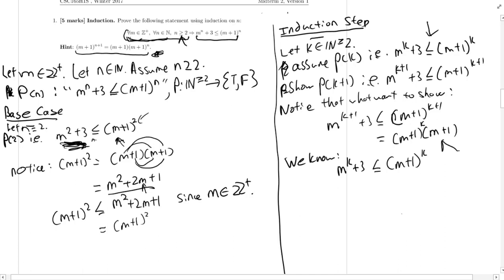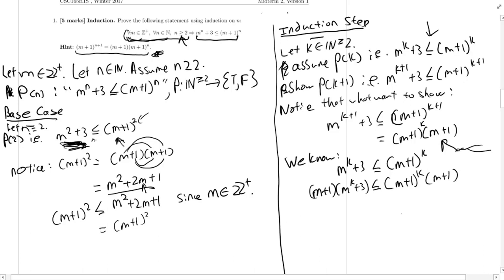Notice that there's an extra m plus 1 here. This is the thinking process of how to figure it out. There's an extra m plus 1, so you try multiplying both sides by m plus 1. So (m k plus 3) times (m plus 1) is smaller than or equal to (m plus 1) to the k times (m plus 1).